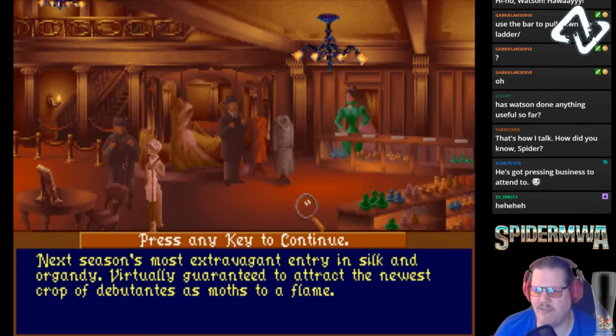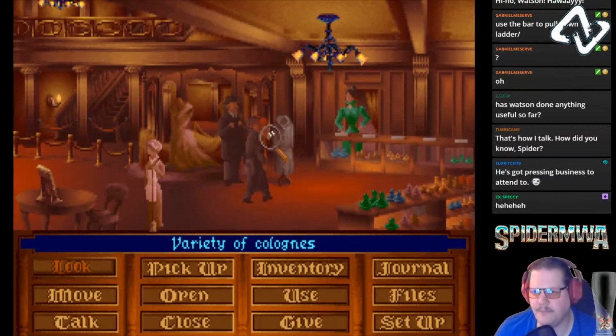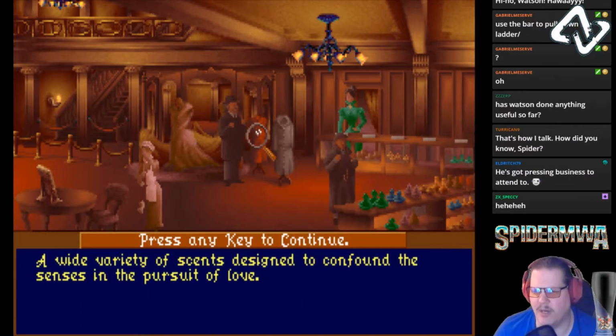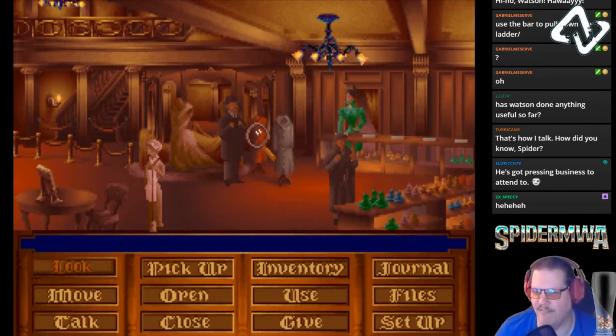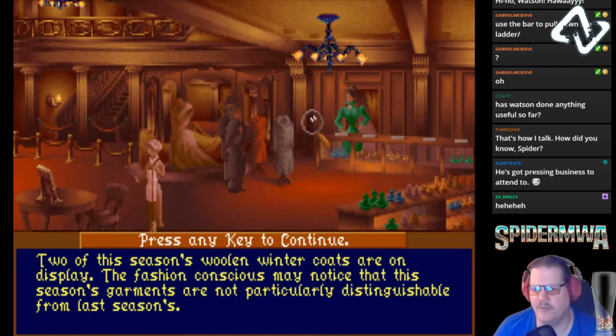Next is his most extravagant entry in silken organdy, virtually guaranteed to attract the newest crop of debutantes as moths to a flame. A wide variety of scents designed to confound the senses in the pursuit of love. Two of the season's woolen winter coats are on display.